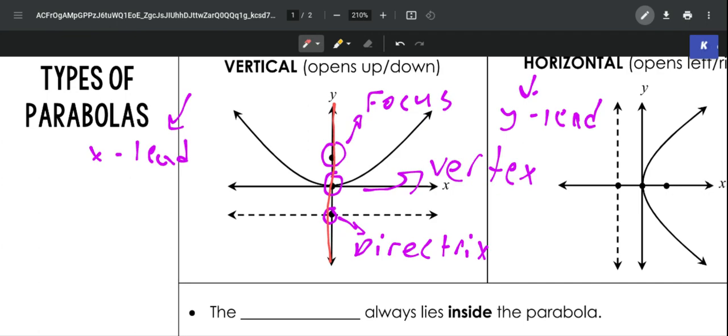And then there's only one thing to really note here as we look at some of the definition stuff.